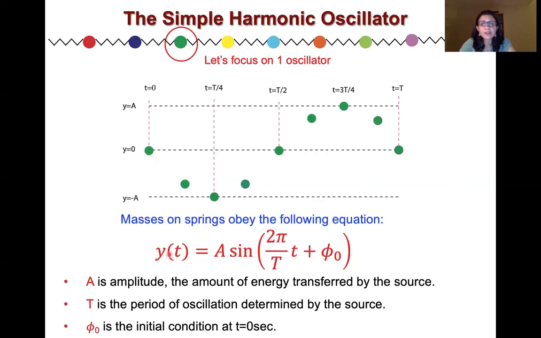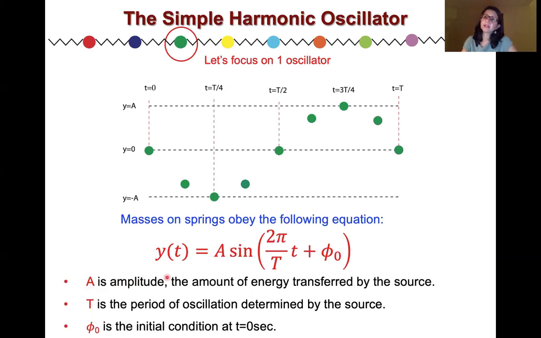So let's now try to understand all these different features of this sine function. This value A is a constant for a particular wave, and that is known as the amplitude. The amplitude depends on the amount of energy that you're transferring to the wave.